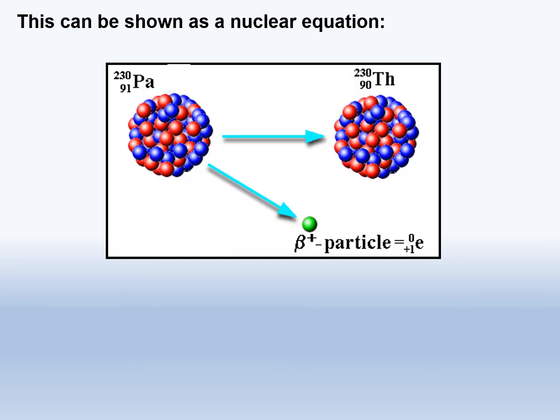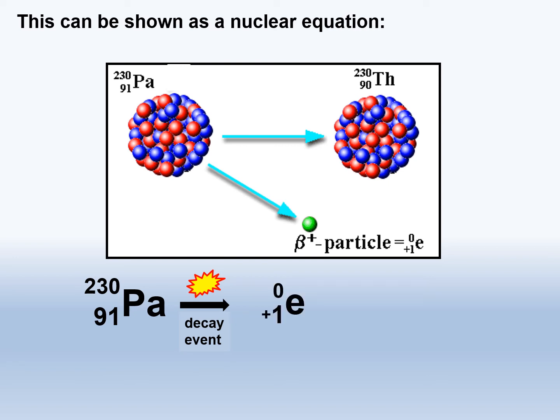Okay, so let's look at a nuclear equation for beta plus decay. So again, example, as we saw on the previous slide, we've got our parent nucleus of palladium-230. There is a decay event in which a beta plus particle is emitted, and as a result, we've got the formation of thorium-230. So again, let's remind ourselves the atomic number has gone down by 1.